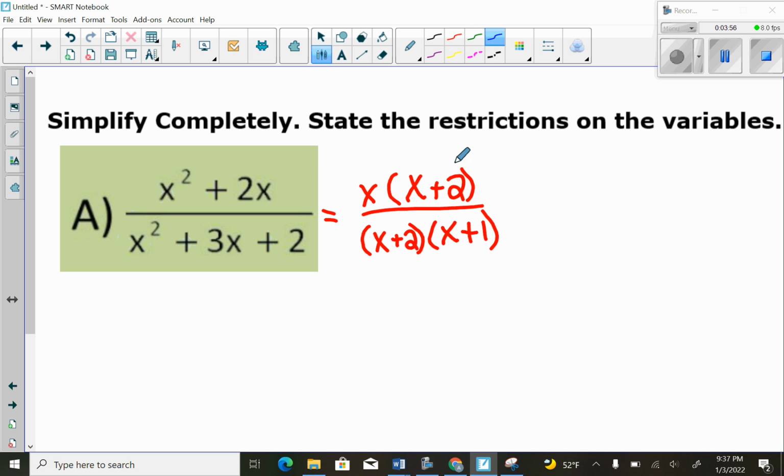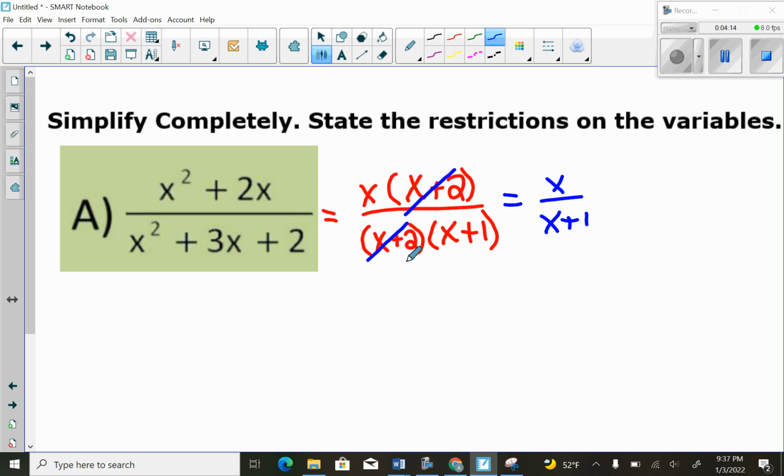So we see x plus 2 and x plus 2 are exactly the same. Nothing else will factor. So we're left with x over x plus 1.